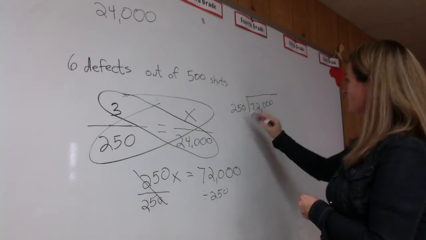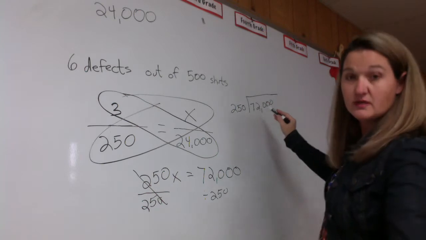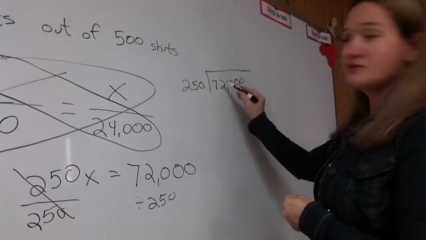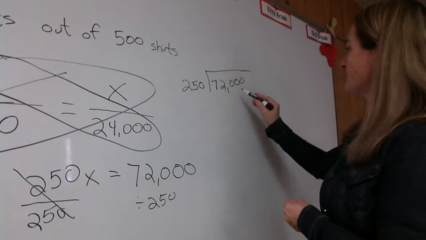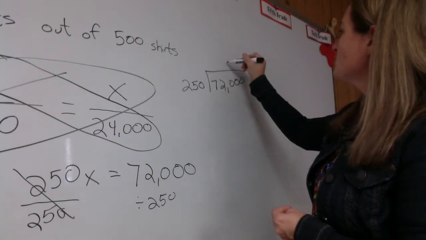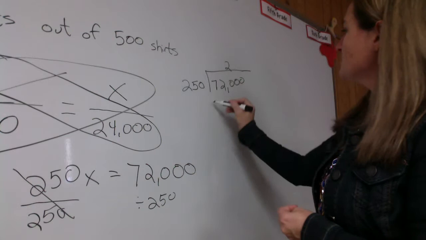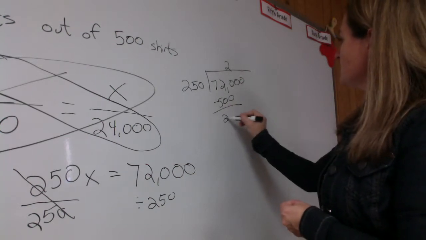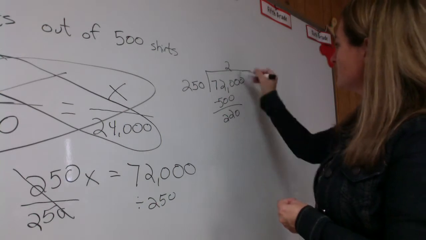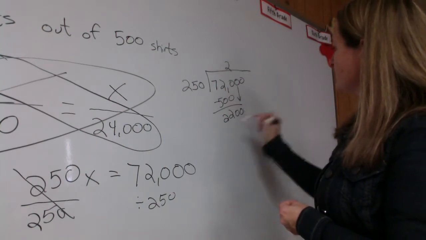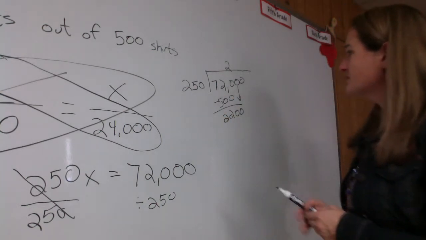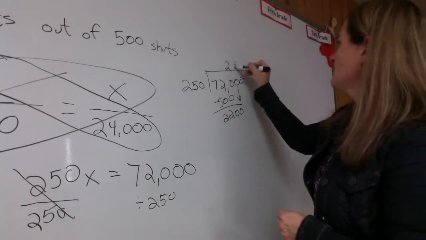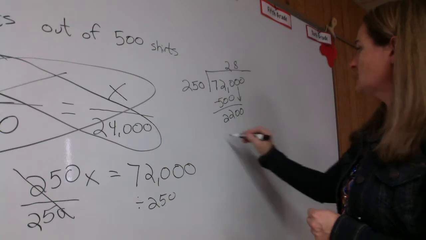250 doesn't go into 7. Nope. 250 go into 72? Nope. Does 250 go into 720? Yes. How many times? Twice. 2 times 250 is 500. That leaves 220. Now we need to bring down that first 0. How many times does 250 go into 2,200? 8, because I know 250 times 8 is 2,000.